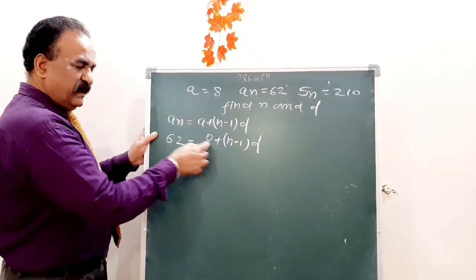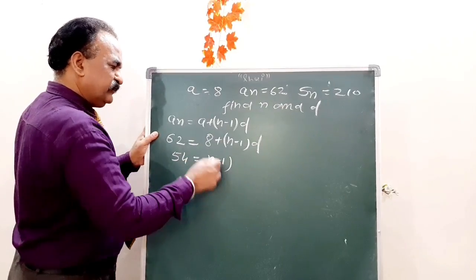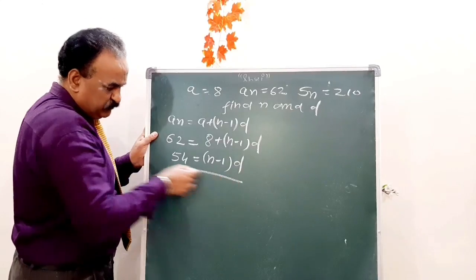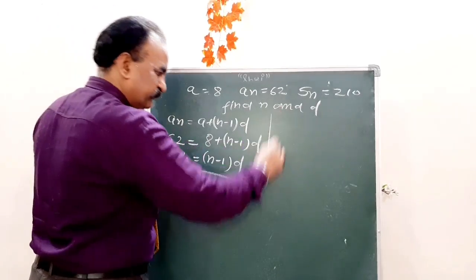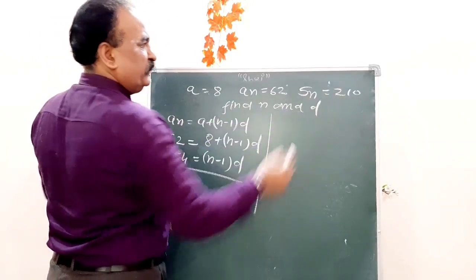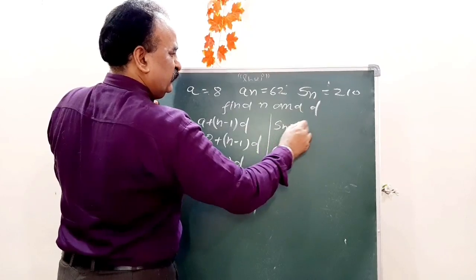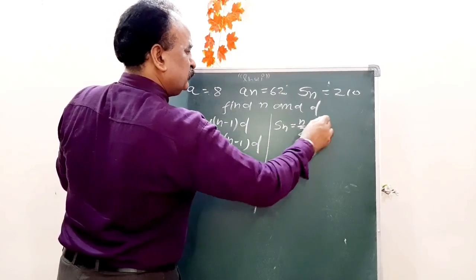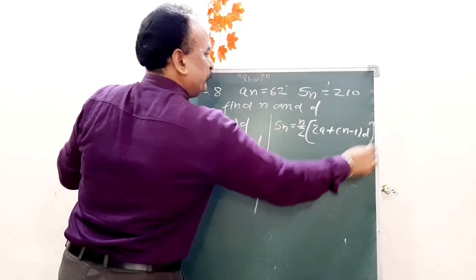So 62 minus 8, it means 54, is equal to (n minus 1) into d. Just write like this: 54 is equal to (n minus 1) into d. Now here, the sum is 210. It means Sn is equal to n by 2 into 2a plus (n minus 1) into d.